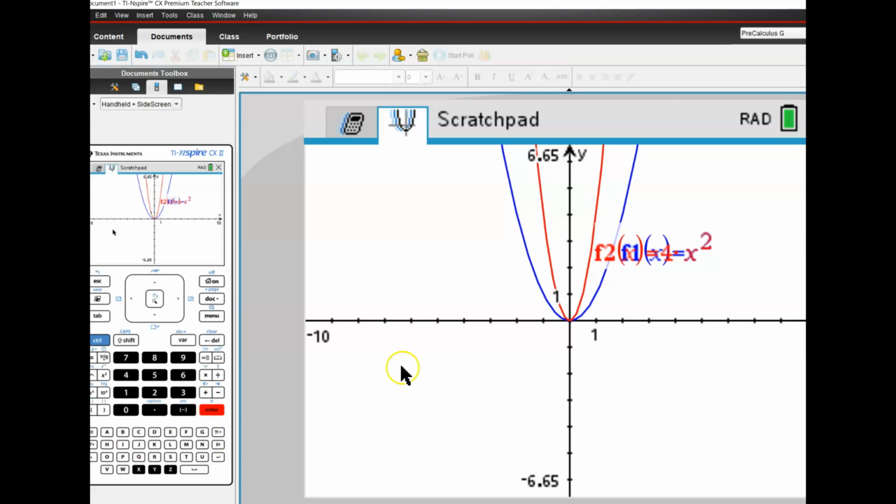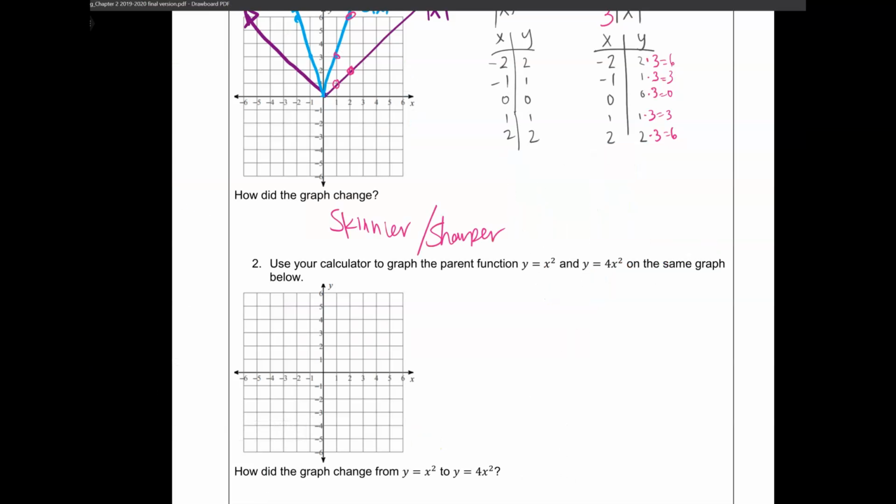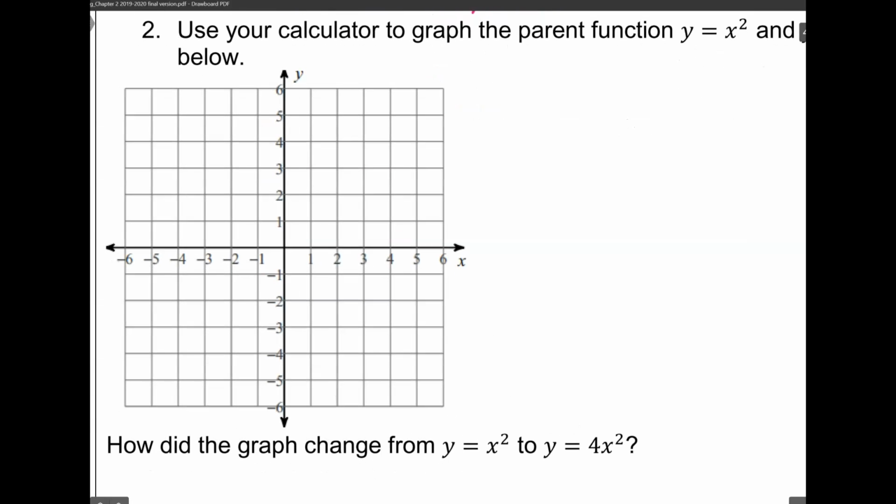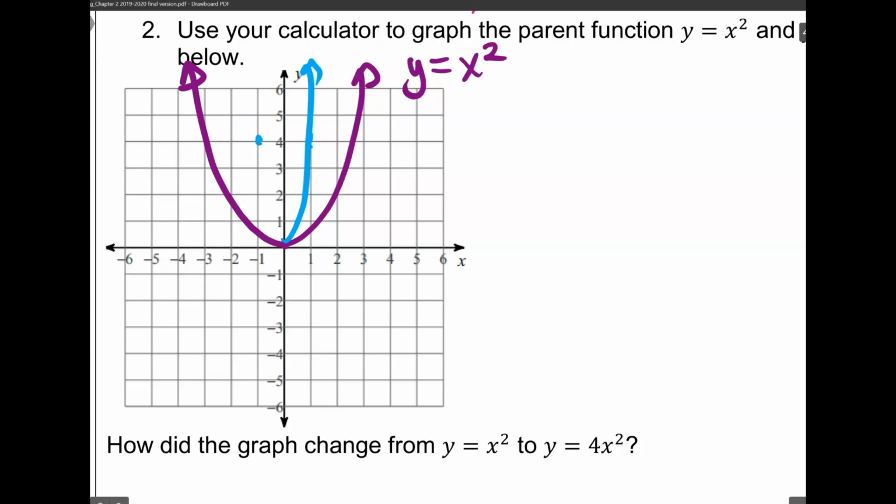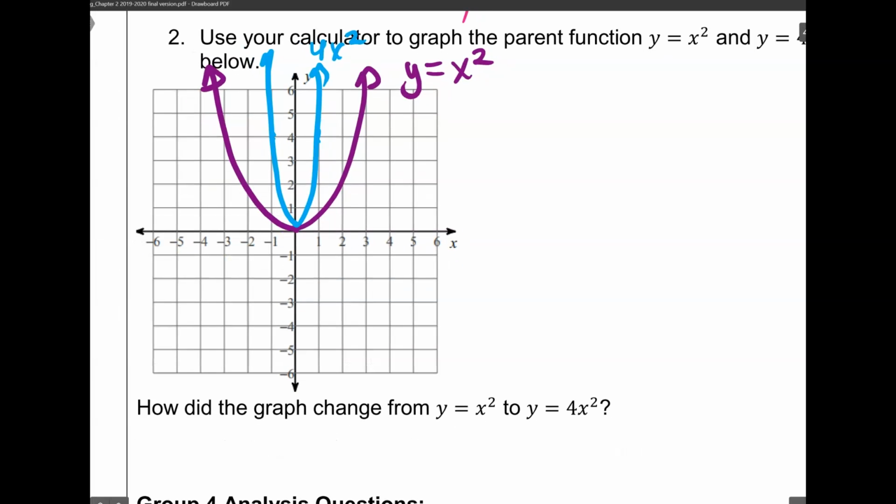The points aren't nearly as important, but notice we're starting them both at 0, 0. So that's 4x squared. It got much skinnier, right? So it's almost like we are stretching it taller.